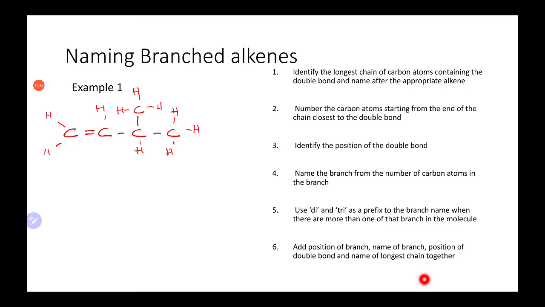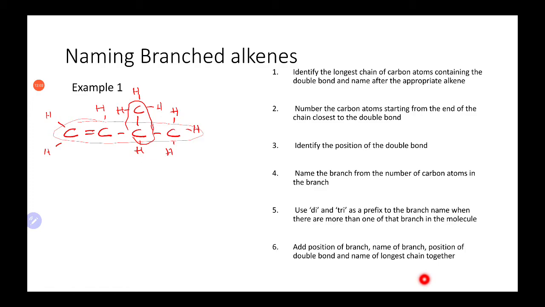What that means is that the longest chain of carbon atoms here is going to be this one, because it's got the double bond and it's the longest possible chain. It can't be these two, because there's only two carbons there.